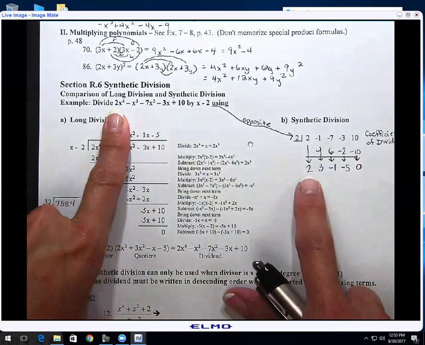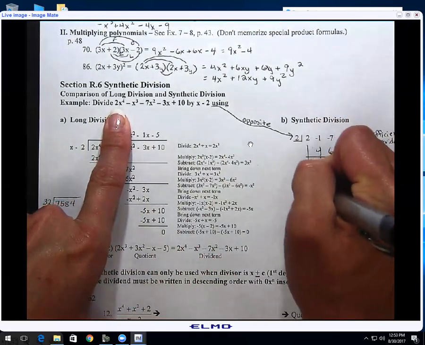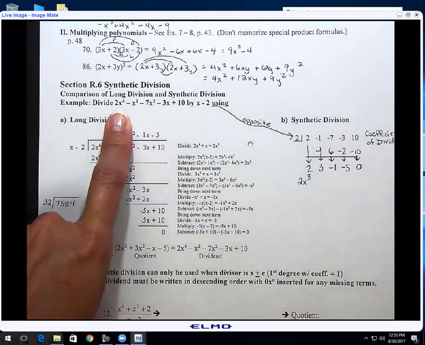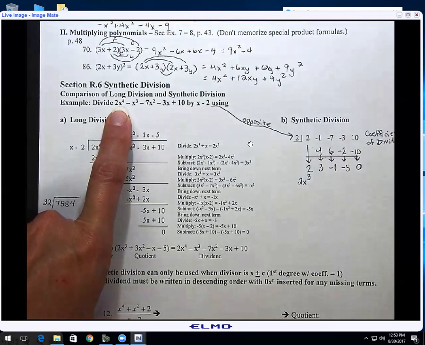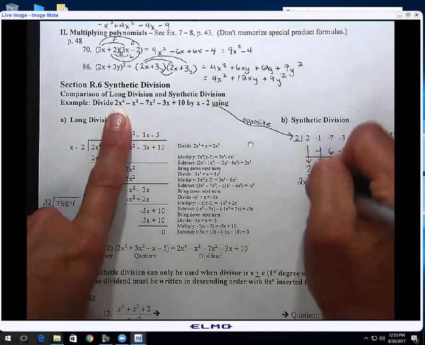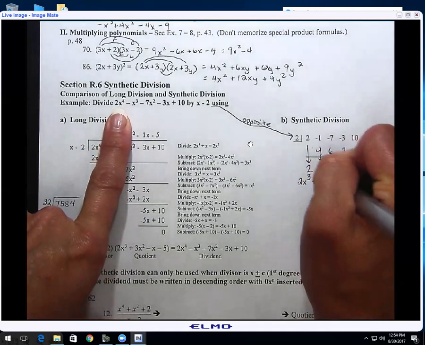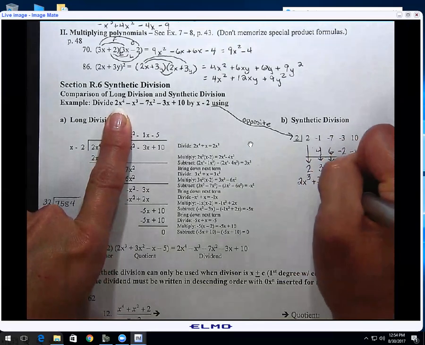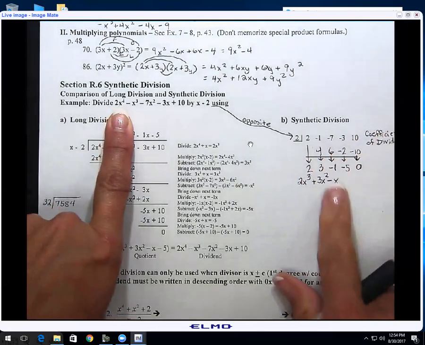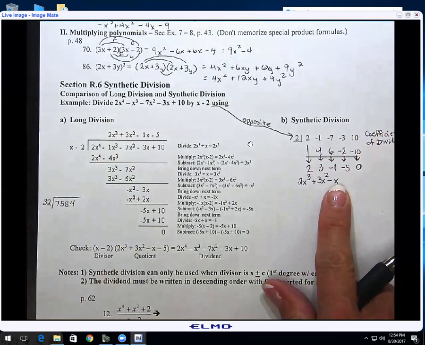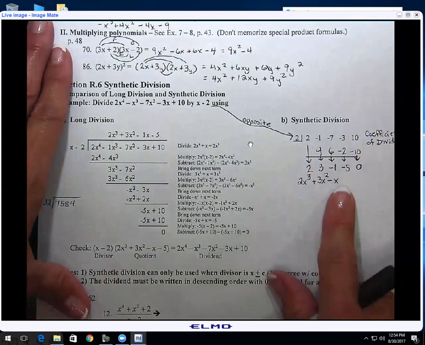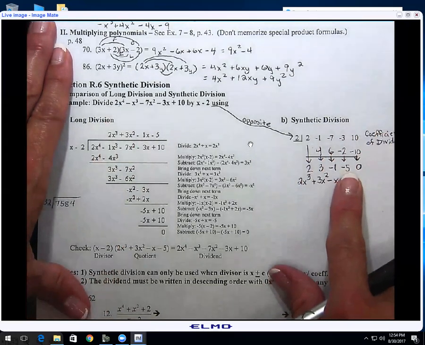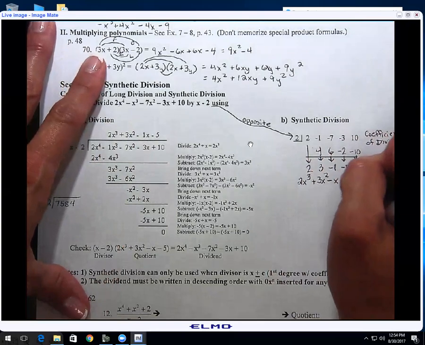So this 2 is the coefficient of my x cubed. And after that, my powers just descend. That 3 must be the coefficient of my x squared. That -1 must be the coefficient of x, and I don't have to write the 1. If that's my x to the 1st, then that -5 is just my constant.